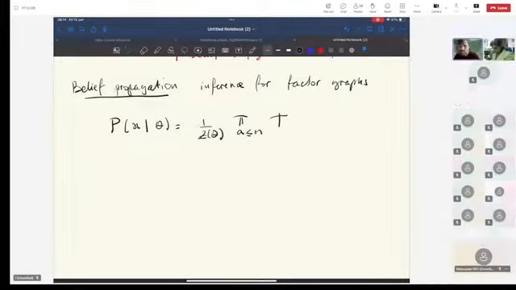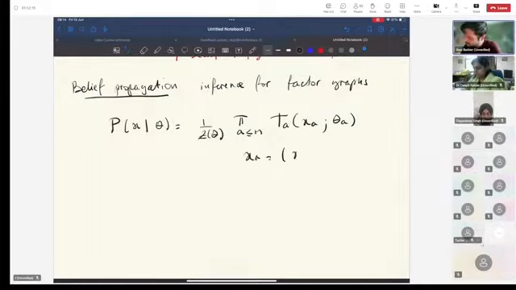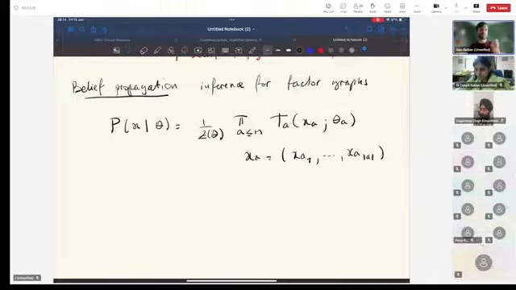These are factors, which are just functions, psi A, of a subset of variables, xa, and that depend on parameters theta A. So xa is a subset of variables, xa1, up to xa cardinal of A. It has a certain cardinal, so maybe there is one variable in it, maybe there are 2, 3, 4, 10, it can be any number. It's just a subset of the original variables, a subset of components of the original vector x.